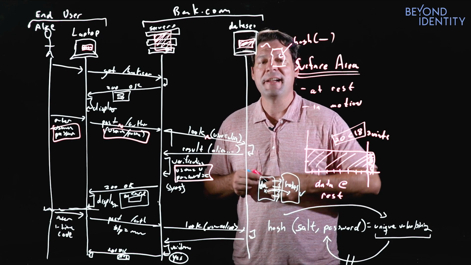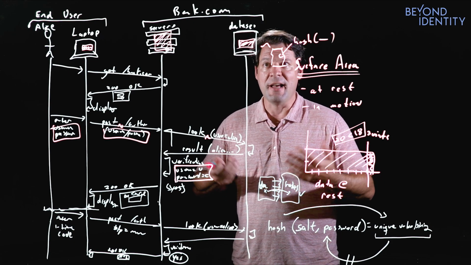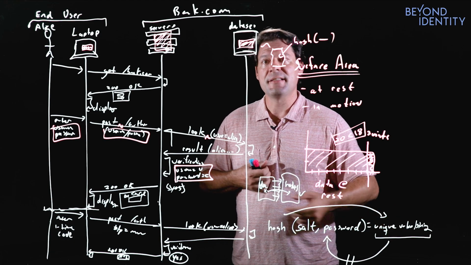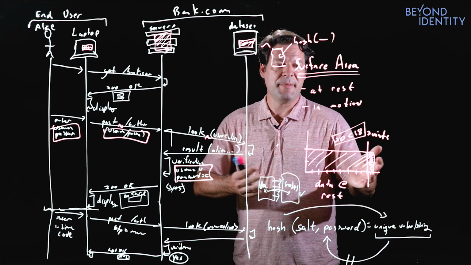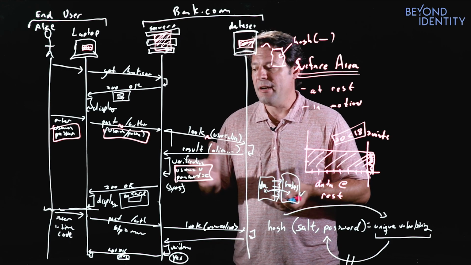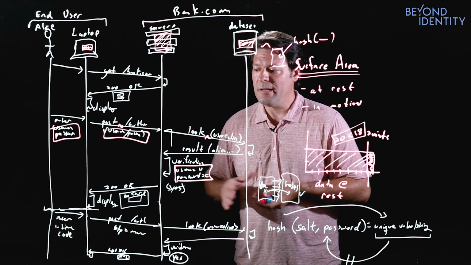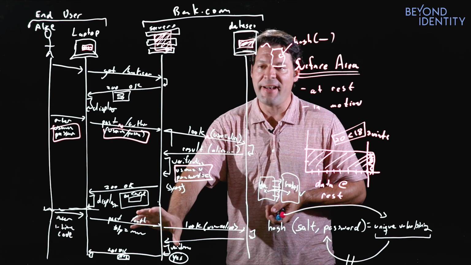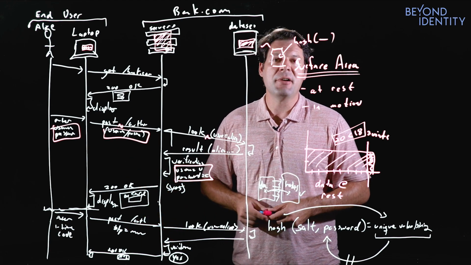But if an adversary were to get access to it, it's not easy for them. Now, it turns out there are techniques. But again, from a surface area perspective, we're not materially impacting the vulnerability of the password. And in a minute, we'll get into why the second factor isn't really giving us that much protection either.